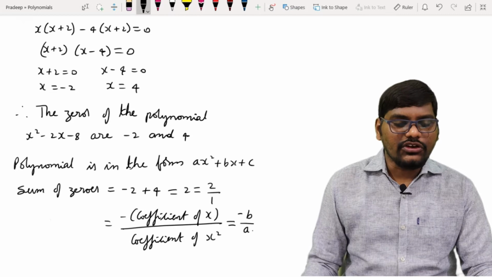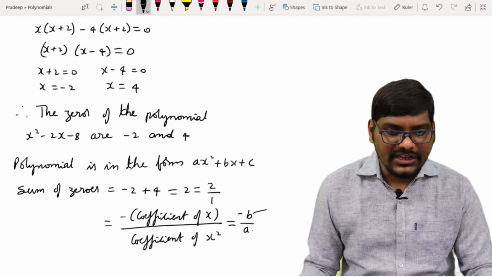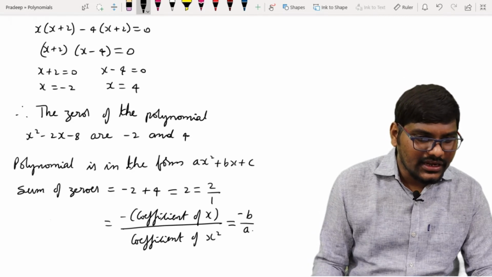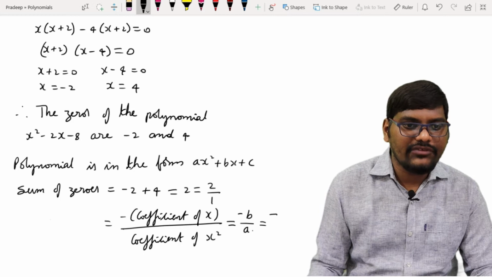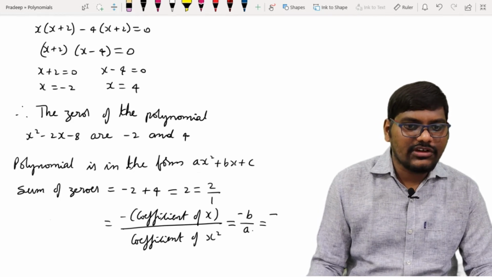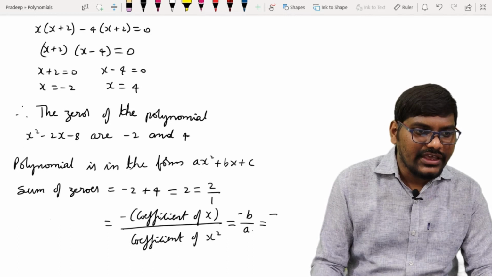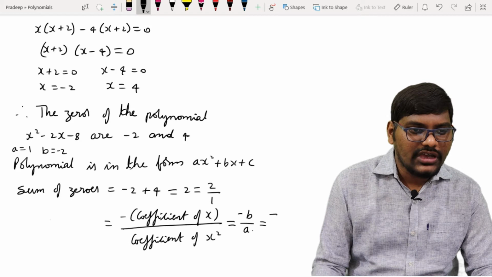Now if you observe here, minus b, what is the value of b which we got? If you observe ax square plus bx plus c, a is 1, b is minus 2, and c is minus 8.